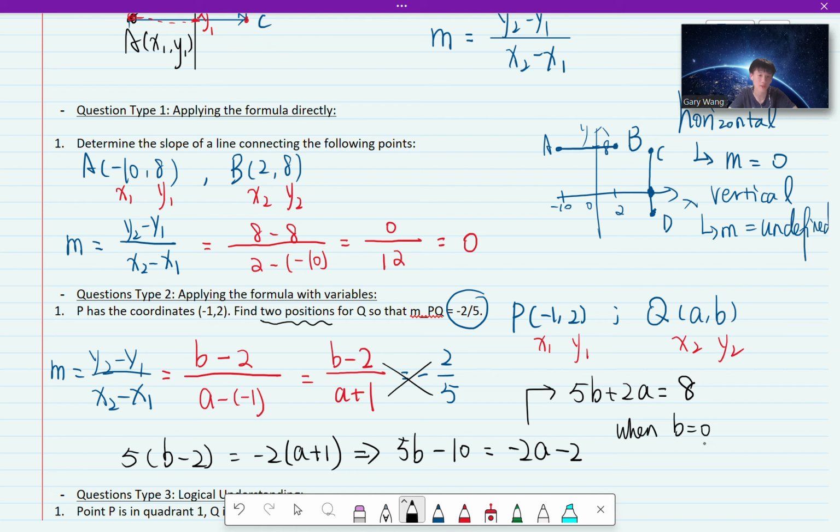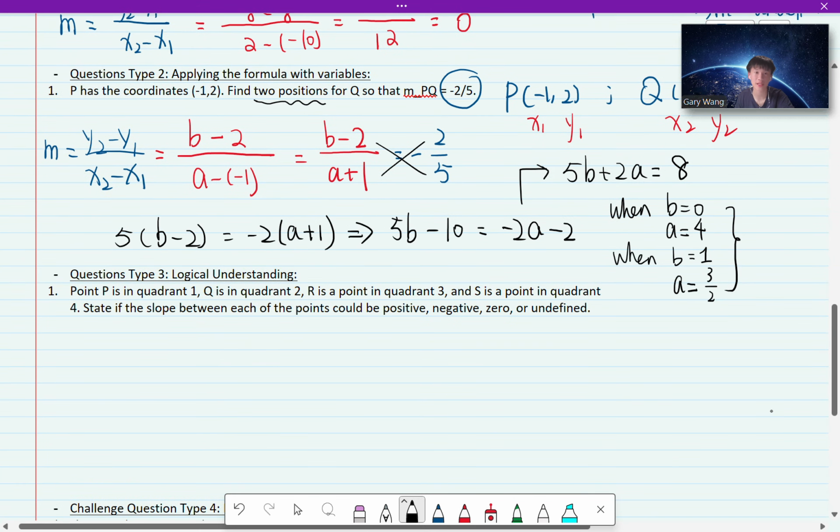When b equals 0, what would a be? A would be 4. When b equals 1, what would a be? A would be (8 minus 5) over 2, which is 3 over 2. So see, we can just obtain two possible positions. We don't need to solve this equation necessarily.